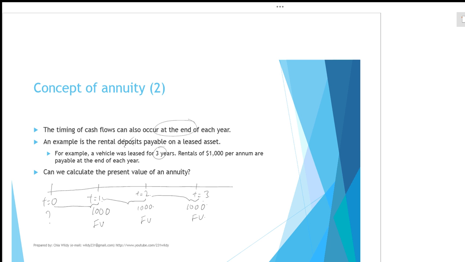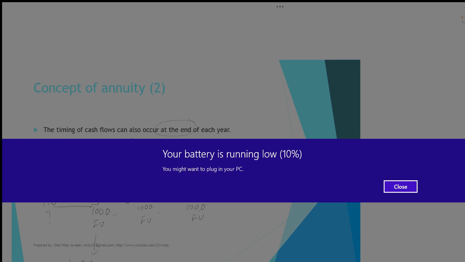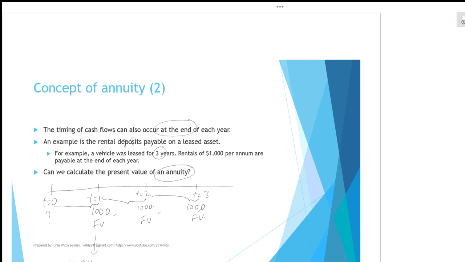Now, like the earlier example, if I wish to know the present value of all these rental payments, or to rephrase myself, the present value of this annuity, this steady stream of cash flows, what I need to do is very simple. For t equals 1, how do we determine the present value? We take 1,000 multiplied by 0.909, referring to the discount table.